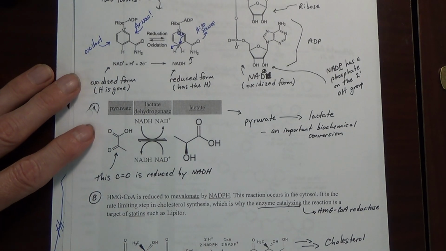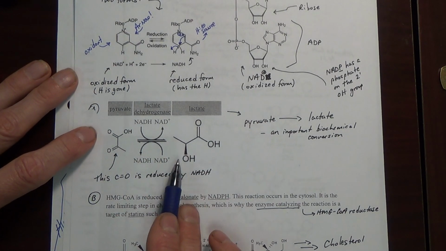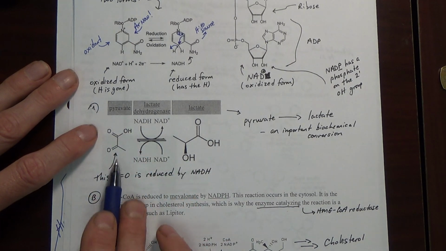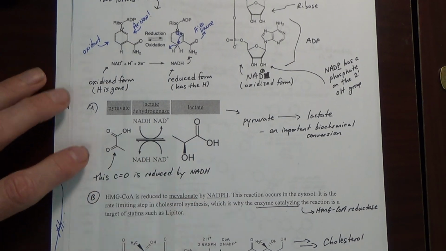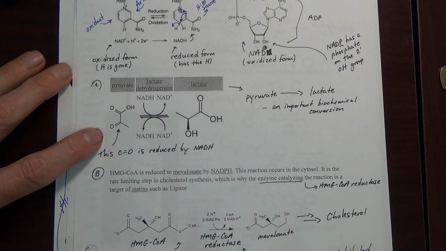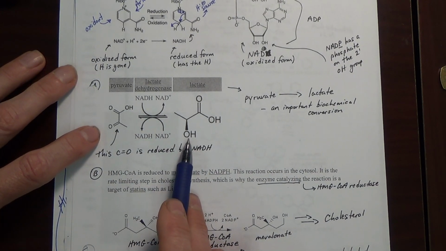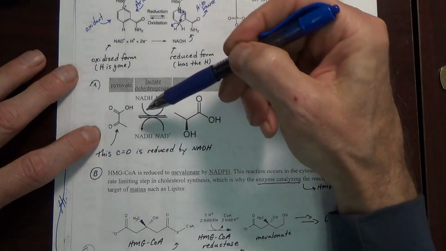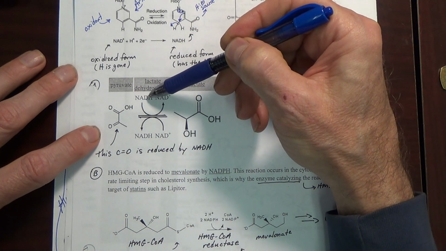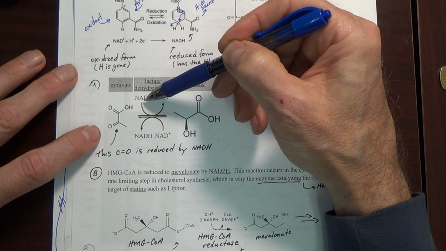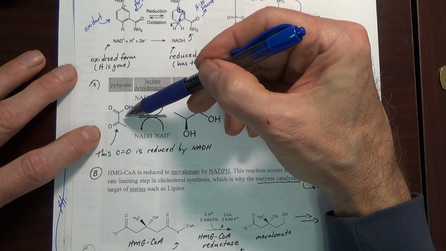Okay. Now here's another biochemical example of redox. Pyruvate has two carbonyls. One is a carboxylic acid, the other is a ketone carbonyl. The ketone carbonyl is reduced by NADH. All right, NADH reduces this.